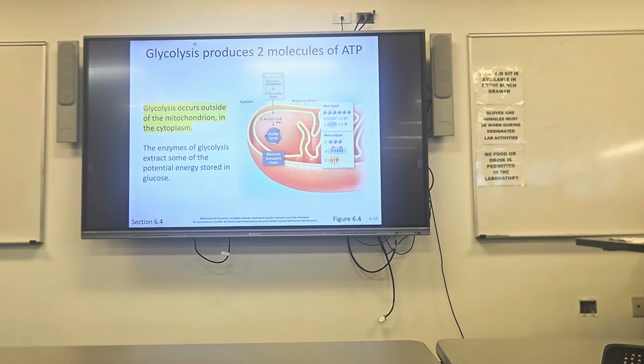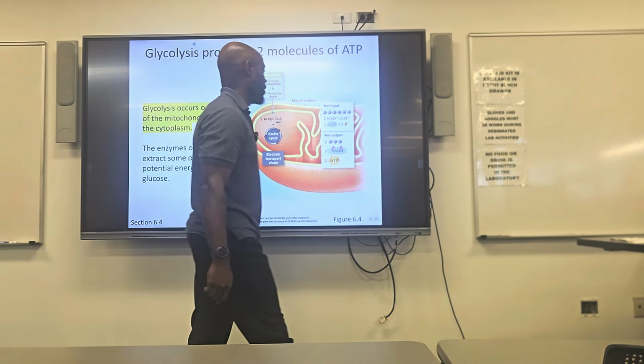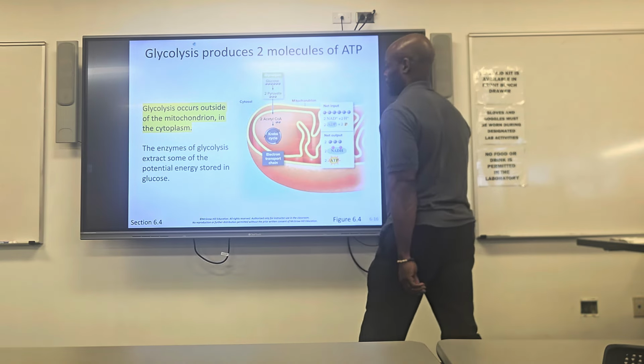Glycolysis, which is the breaking apart of glucose into pyruvate, happens inside the cell but outside of the mitochondria. And then the rest of cellular respiration, breaking down that glucose and eventually making all the ATP, happens inside the mitochondria. It's just telling you the location of the different reactions. That's all.